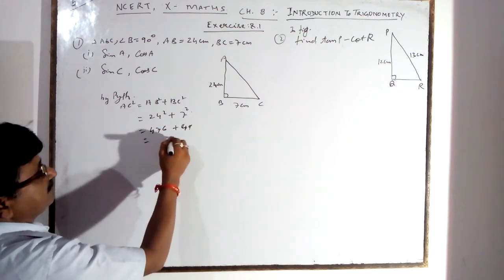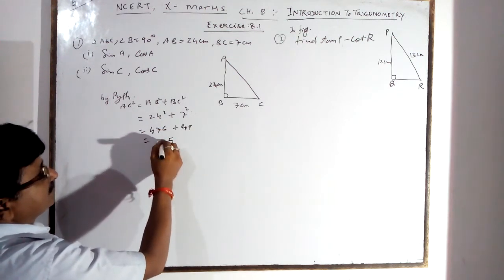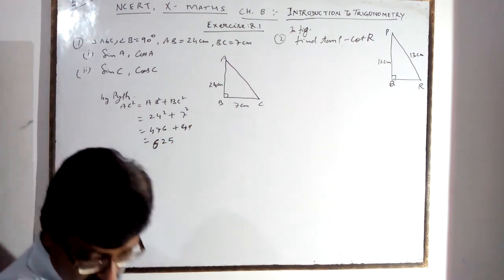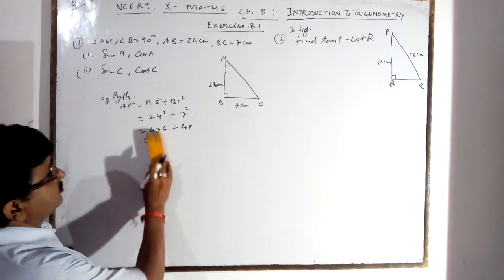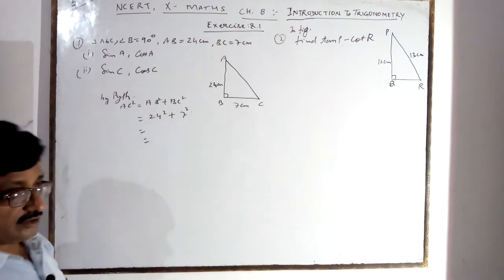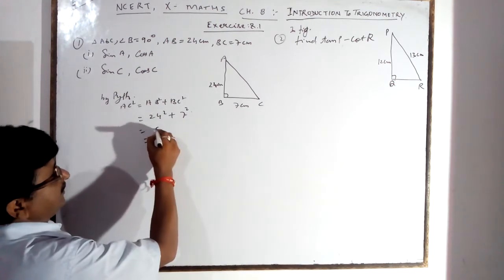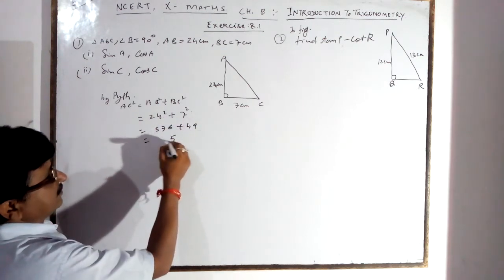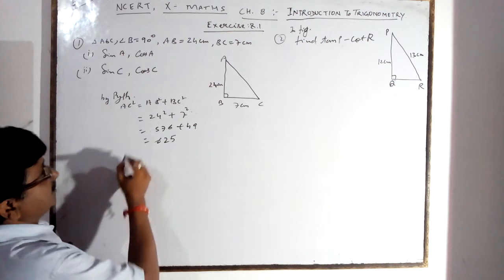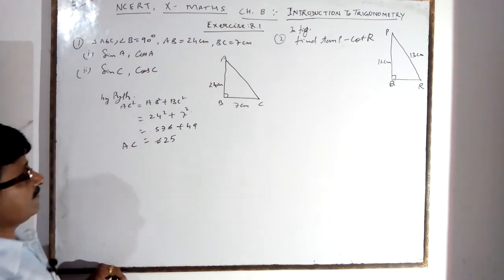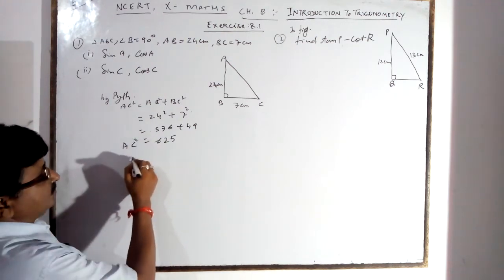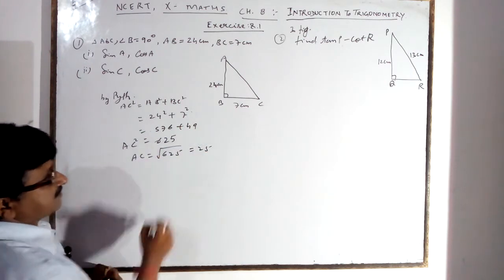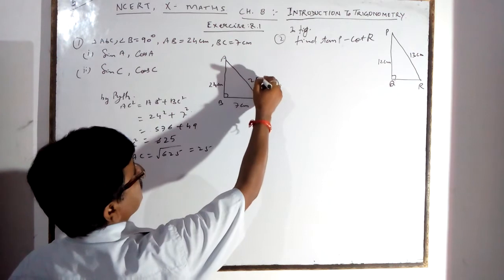What will you get? 625. So AC square is 625. Then what is AC? Under root 625, that is 25 centimeters.